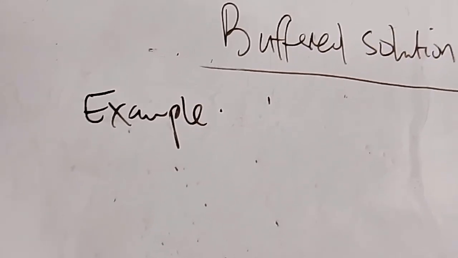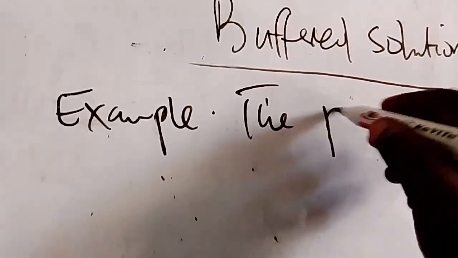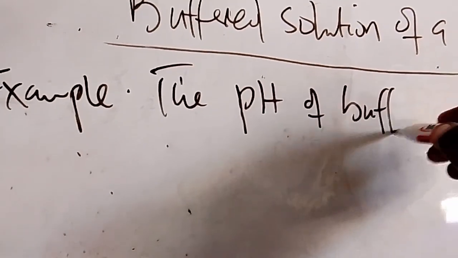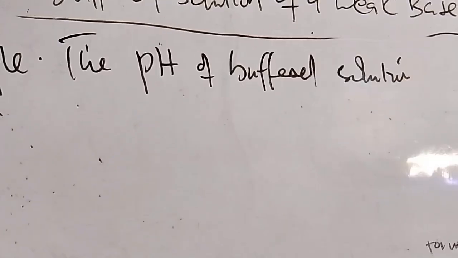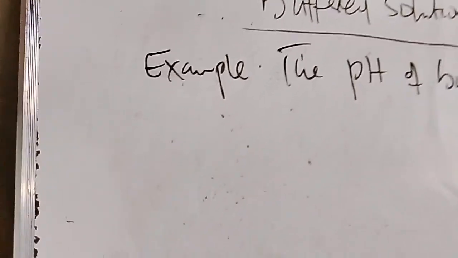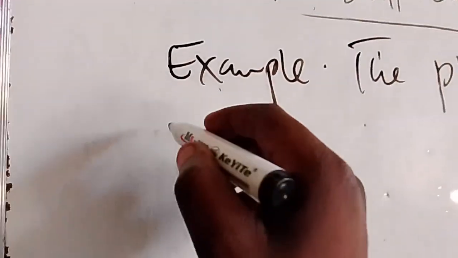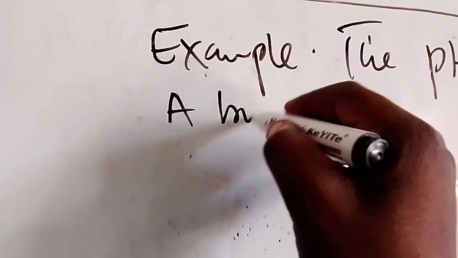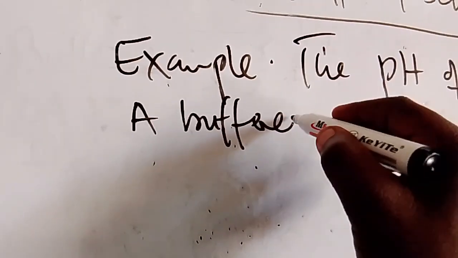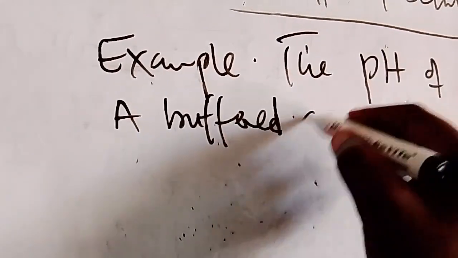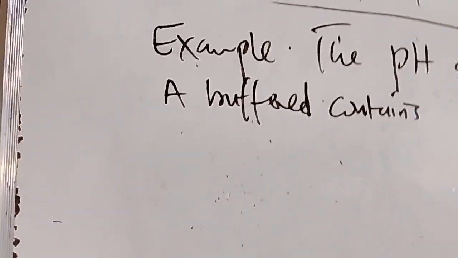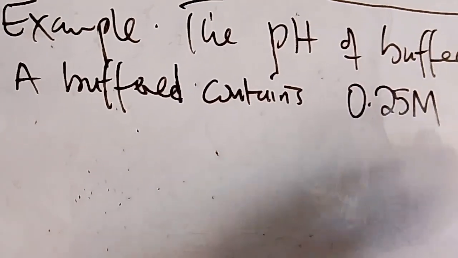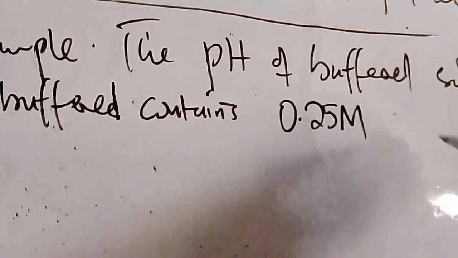So this example is about the pH of a buffered solution. A buffered solution contains 0.25 molar ammonia.